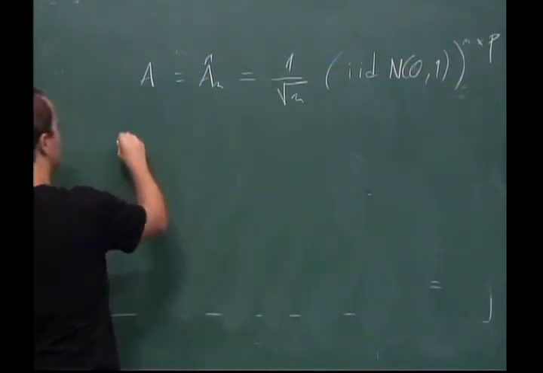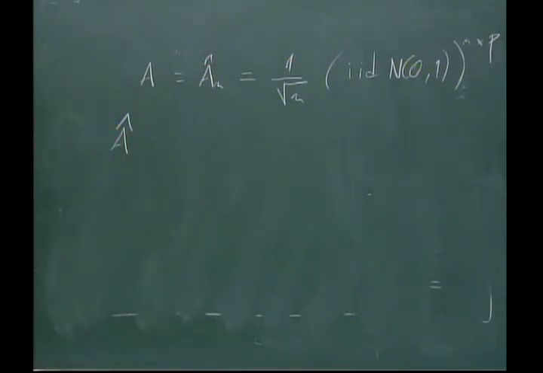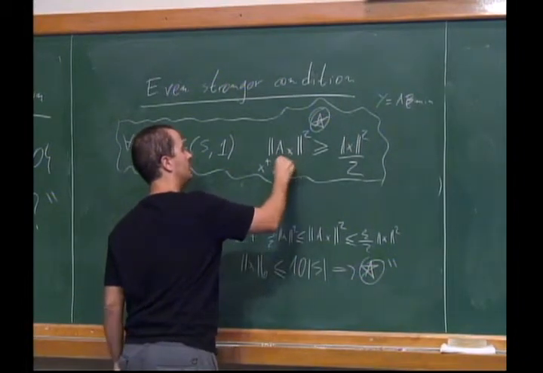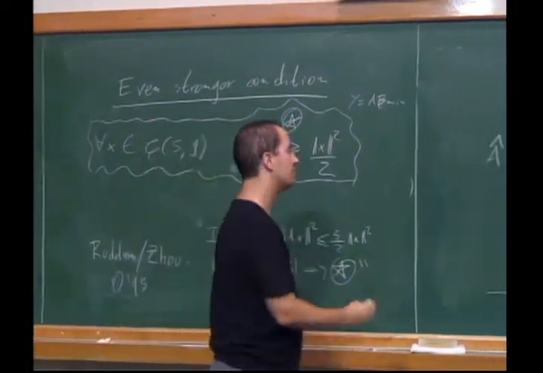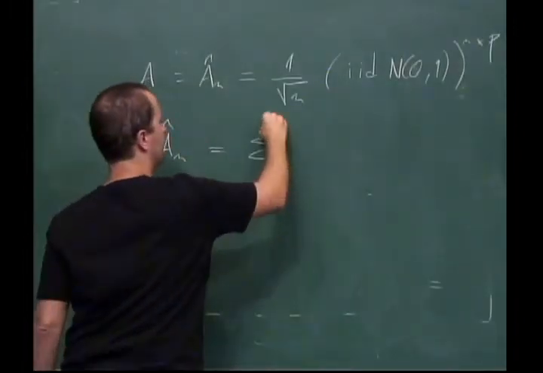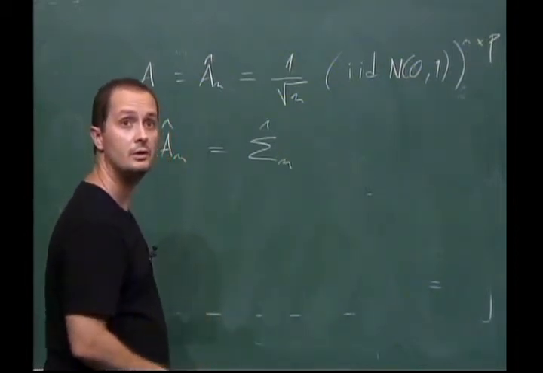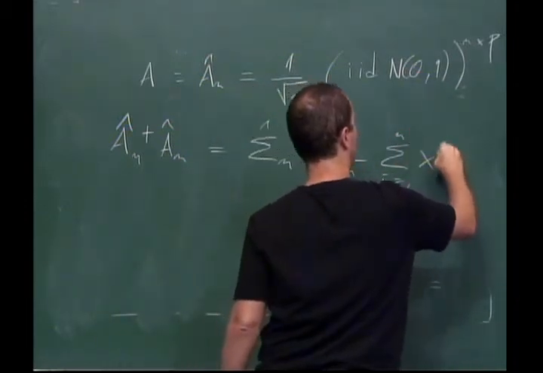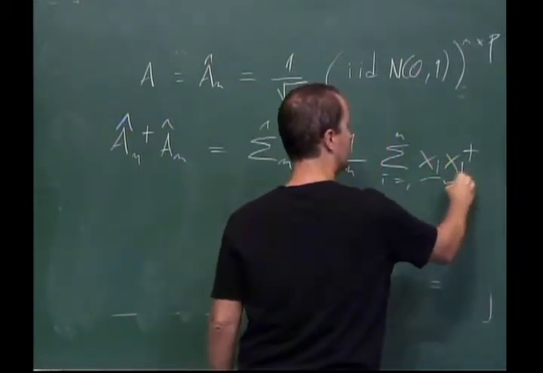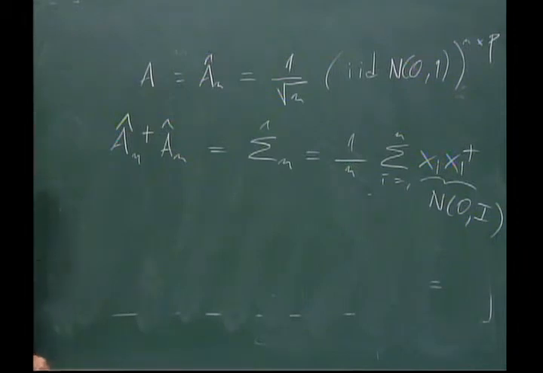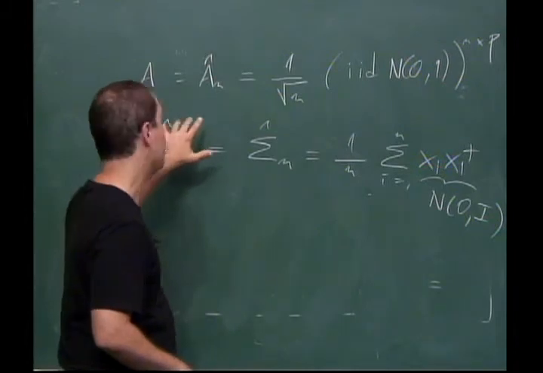The main point about this matrix is, as I already mentioned, when you look at the square, you're actually looking at the inner product of x with A transpose A x. It turns out that when you consider this matrix, you're going to get exactly the matrix sigma_n that we had before, the distribution. So this is going to be 1 over n, a sum over i equals 1 to n, of X_i X_i transpose, where these guys are normal with mean 0 and covariance matrix equal to the identity. Because we understand these matrices very well, we'll be able to prove things about this matrix here.